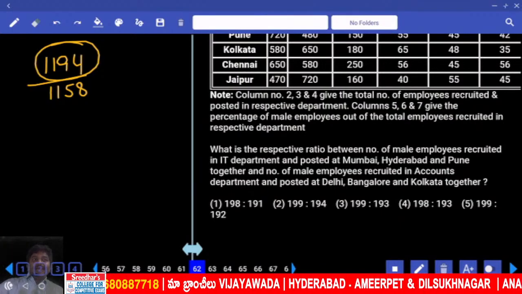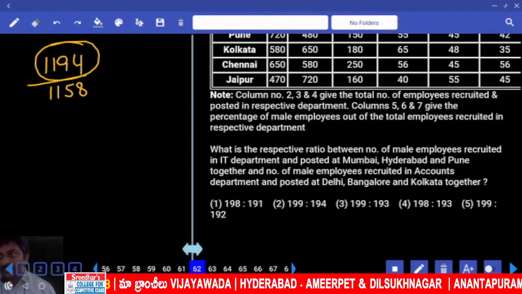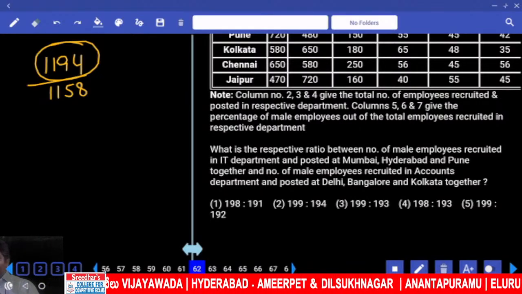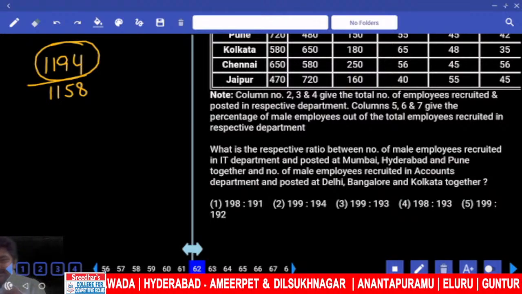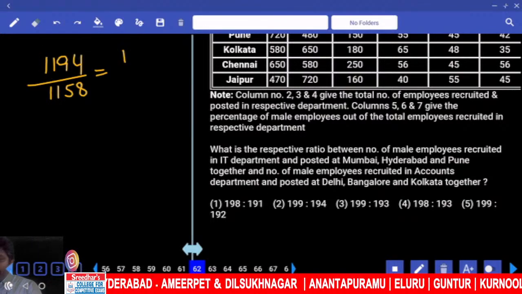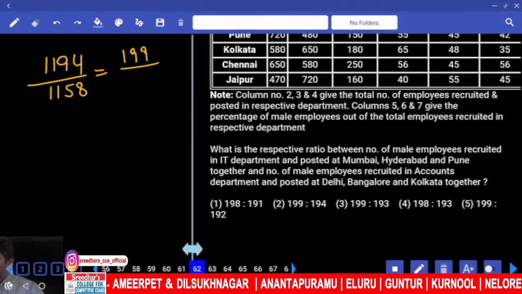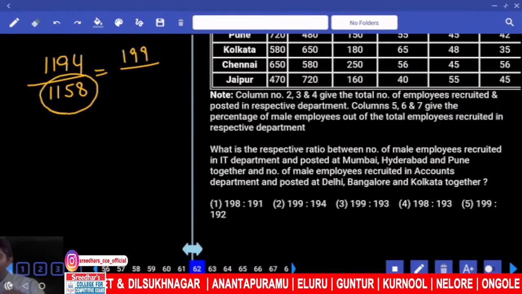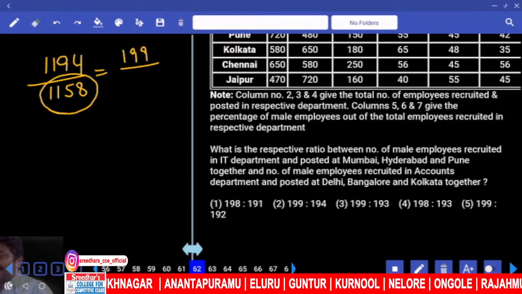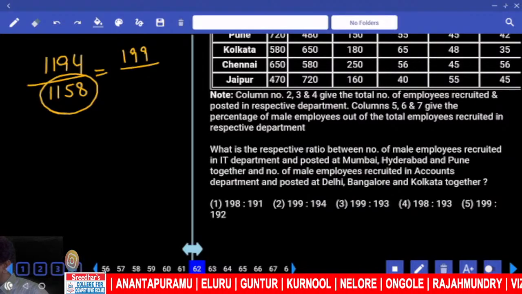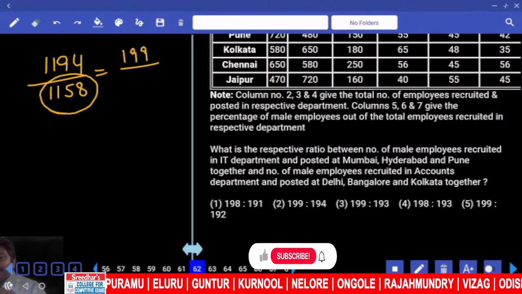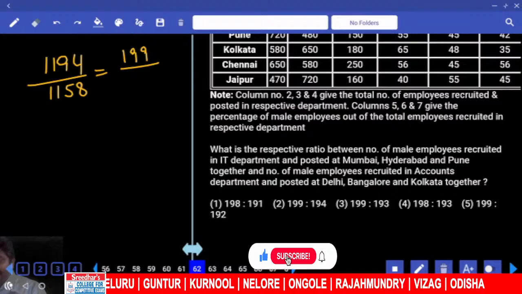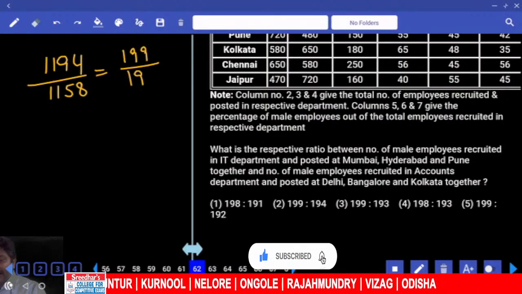In 1200, how many 6 will be there? 200. Minus 6 means 1 time less. 200 times minus 1 time, 199. Denominator also same logic. I'll treat it as 1200 minus 42. 200 minus 7, 193.